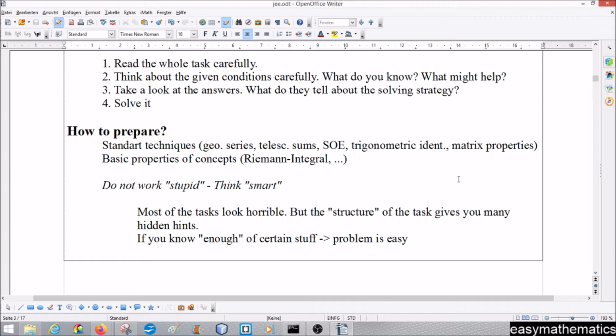Why do I write this here? Most of the exams look horrible, but the structure of the task gives you many hidden hints. You will see that also here in this example. And if you know enough about certain stuff, the problem is easy.